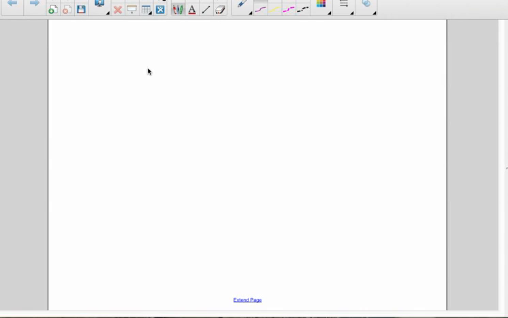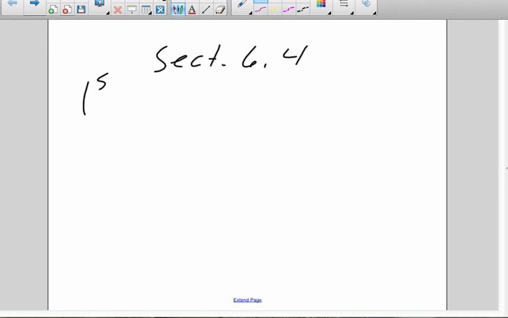This is section 6.4, and we're going to be talking about first order linear differential equations.